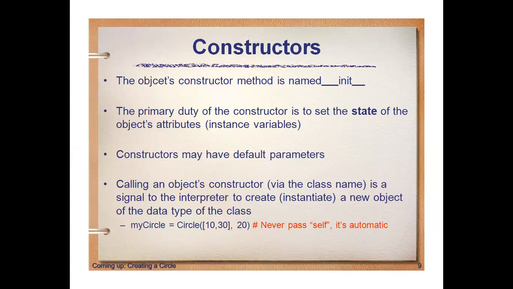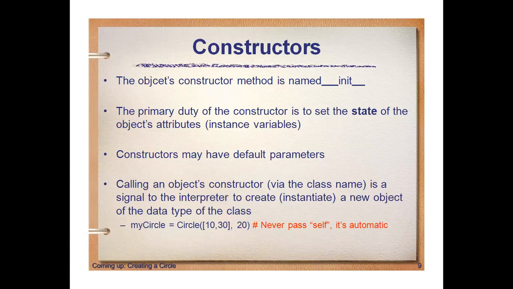A constructor may have default parameters, or we can pass parameters from our side, right? Calling an object's constructor, that is, using the class name, is the signal to the interpreter to create or instantiate a new object of the data type of that class, right? For my circle, the Circle and the parameters we have are 10, 30, 20, right? These are the parameters I am passing to design the new circle for my Circle class.